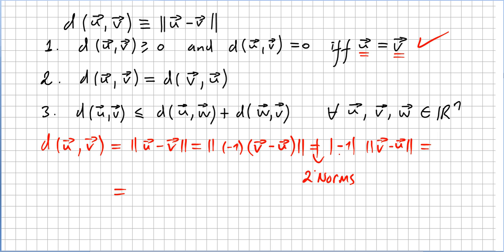But the absolute value of minus 1 is 1. So what we have is the norm of v minus u. Let us rewrite this under the definition of distance. This will be the distance of v and u, right? So what we got here is the distance of uv is equal to the distance of vu, and that concludes the proof for the second.